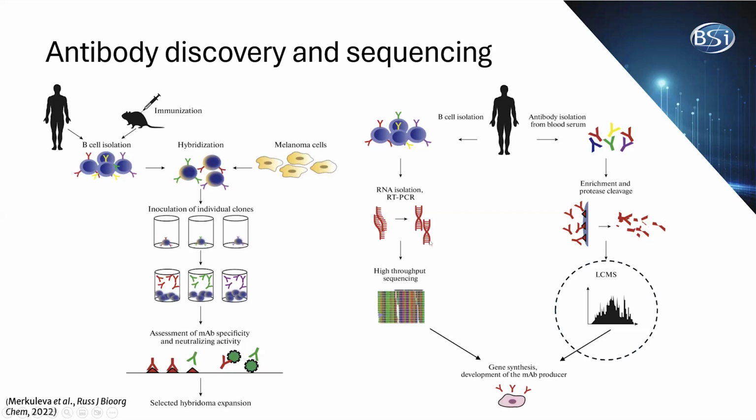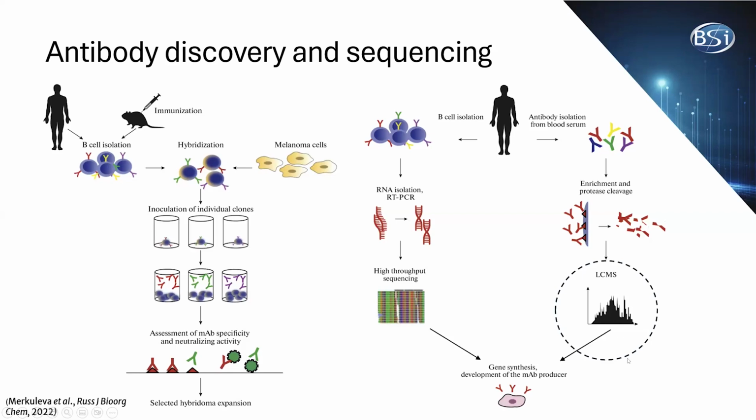However, this can often lead to some discrepancies in not knowing which heavy and light chain pair together. And also you can isolate antibodies directly from serum by pulling down with the target antigen and then identifying those antibodies by LC-MS.